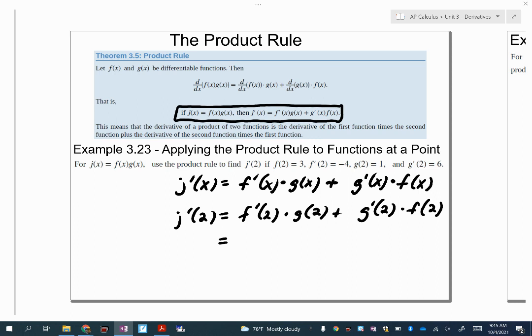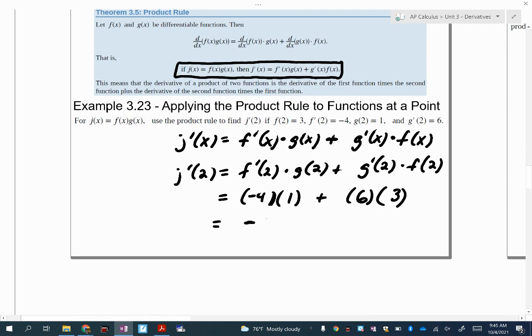So f prime of 2 is negative 4 times g of 2, which is 1, plus g prime of 2, which is 6, and then f of 2 is 3. So that's going to be negative 4 plus 18, so j prime of 2 is 14.